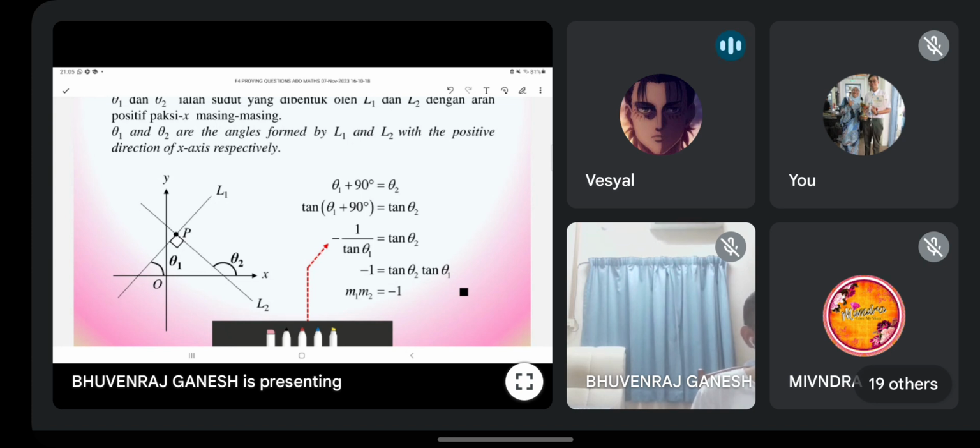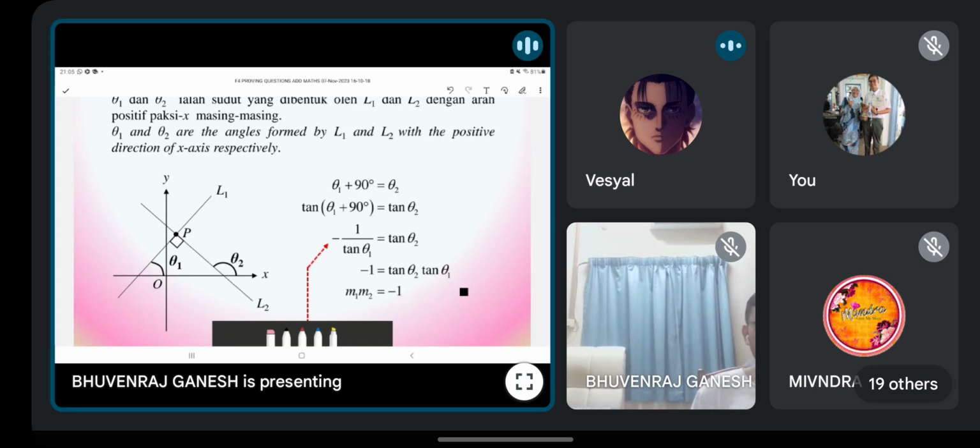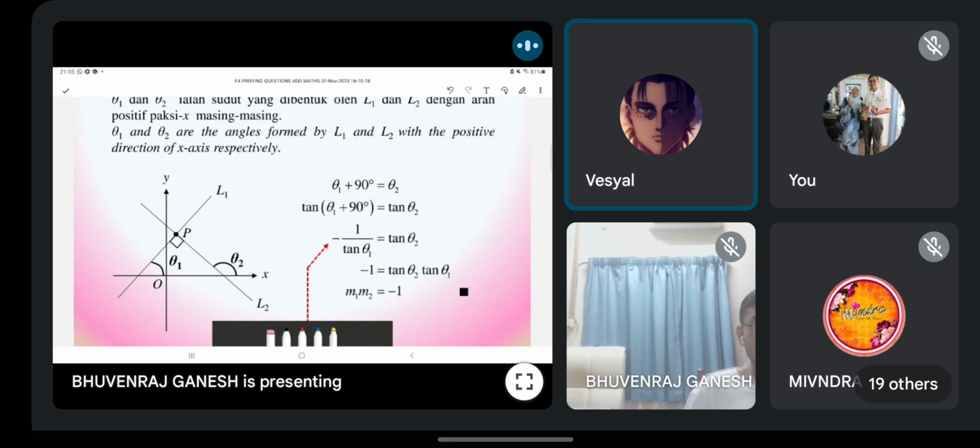Why is it theta 1 plus 90? It's quadrant one, right? Yeah, theta 1 is in quadrant 1 because it is an acute angle. Okay. So quadrant 1, quadrant 2 is actually the same. This requires Form 5 knowledge. So if you see the next line, tangent of theta 1 plus 90 degrees equals tangent theta 2. So you take tangent on both sides lah.